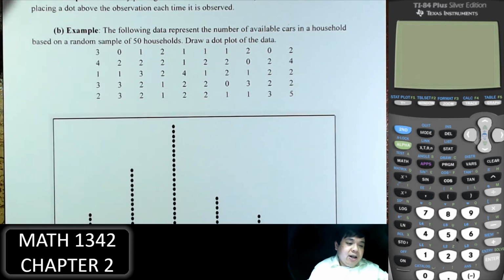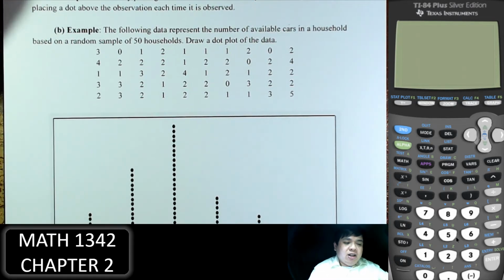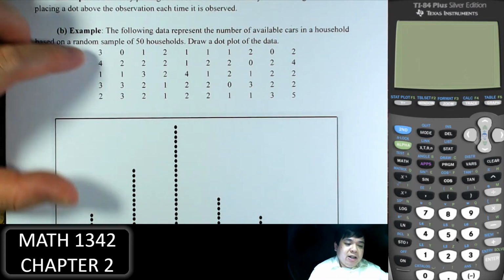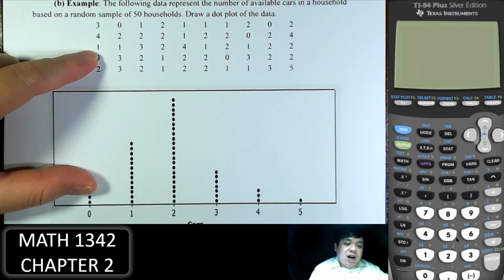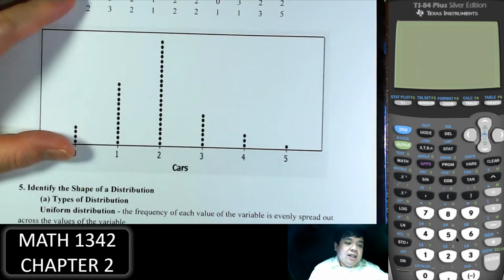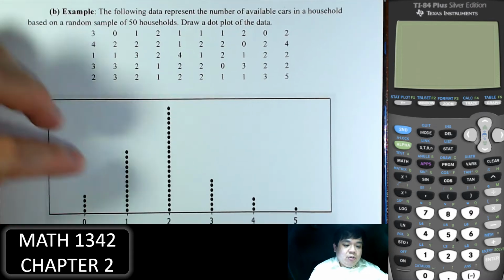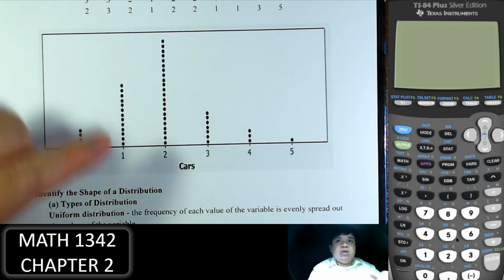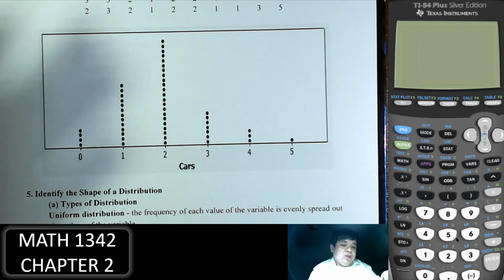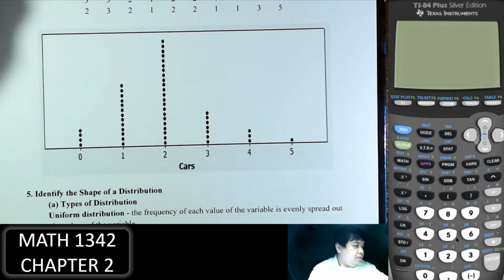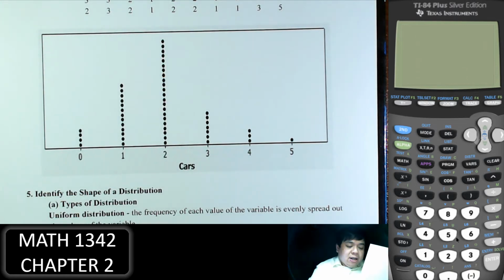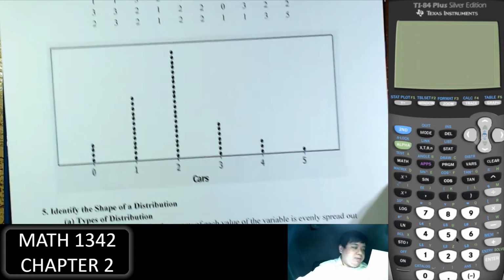Next, the dot plot. The dot plot is just what the name says. If we have this data, we just put a dot for each one. So instead of drawing a bar, we use a dot. That also works. Next, the shape of the distribution.